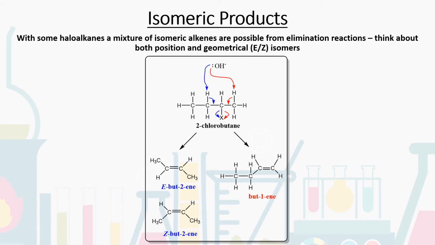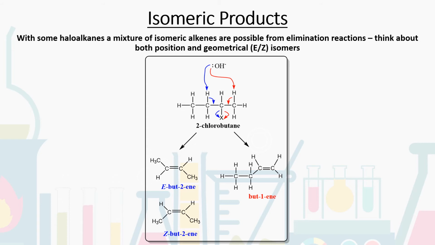Here, though, the adjacent carbon could be on the left or the right. If I take it from the left, the blue arrows, I can form but-2-ene. If I take it from the right, I can form but-1-ene. Those are position isomers of that double bond. It's either on the first carbon or the second carbon. So we have some actual structural isomers there.